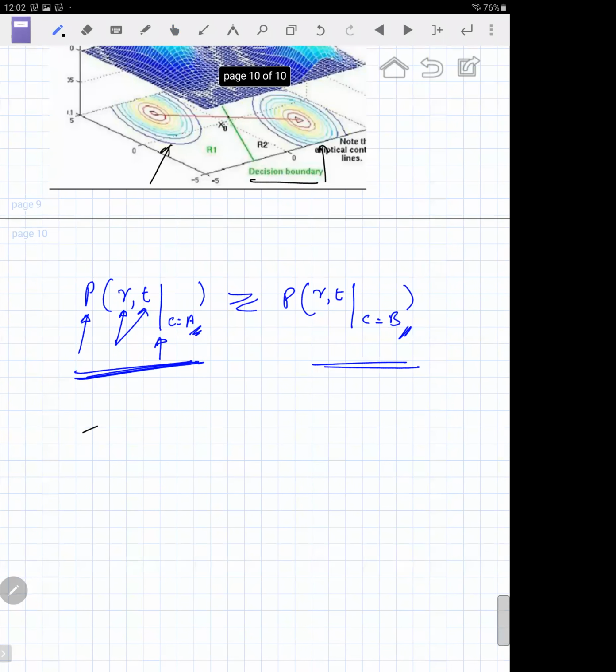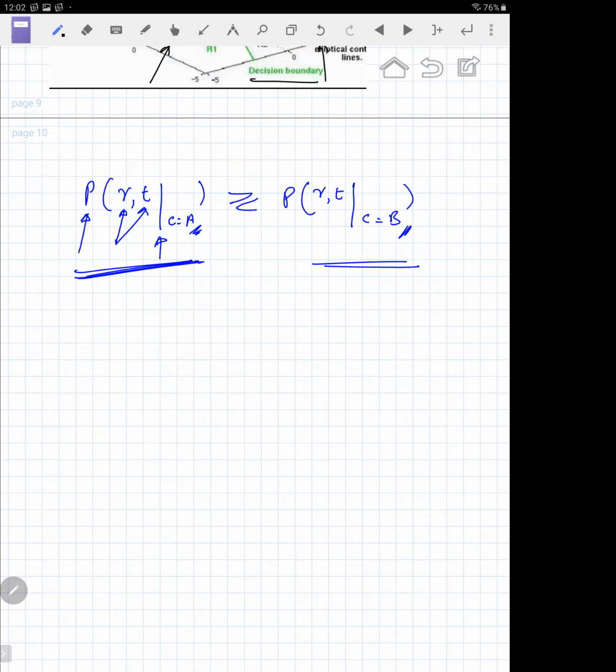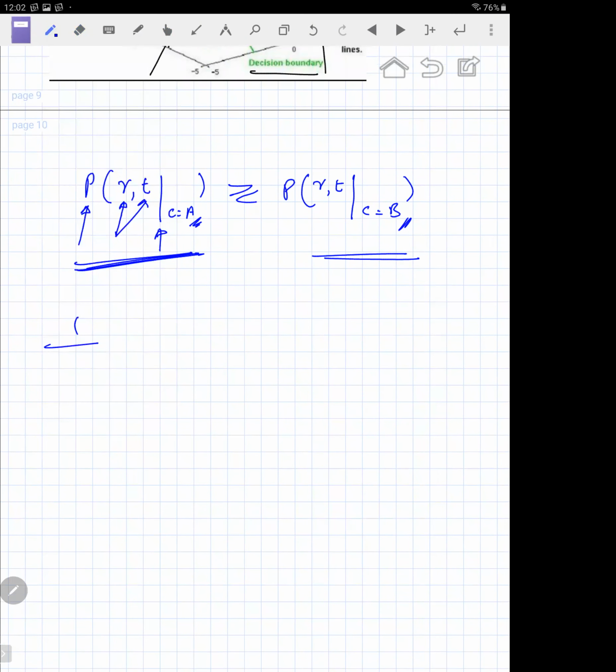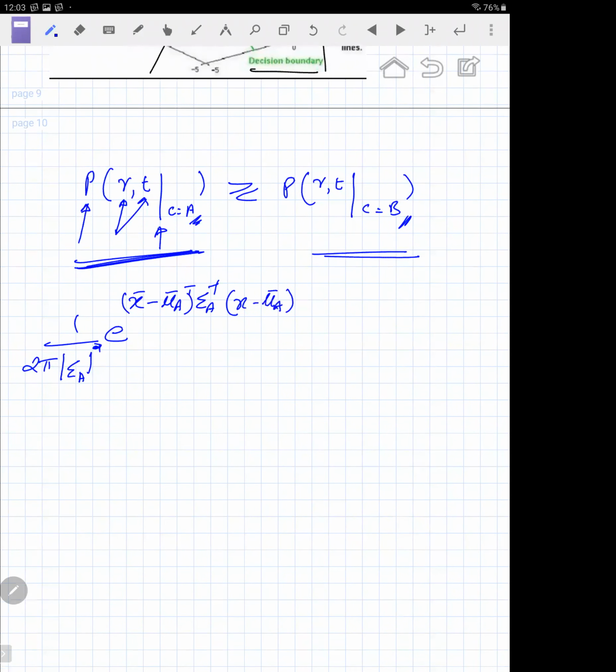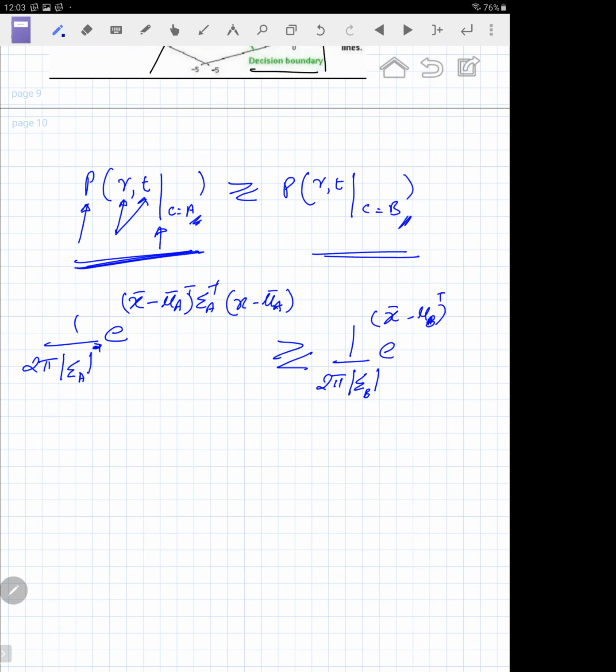So when I have to do this, again I do this simple thing: 1 over 2 pi determinant of the covariance matrix, e raised to minus half of x minus mu A, sigma A inverse, x minus mu A transposed, and compare it with 1 over 2 pi determinant of the covariance matrix, e raised to x minus mu B, sigma B inverse, x minus mu B, because this is the second hypothesis, the covariance matrix of the data coming from the second hypothesis.